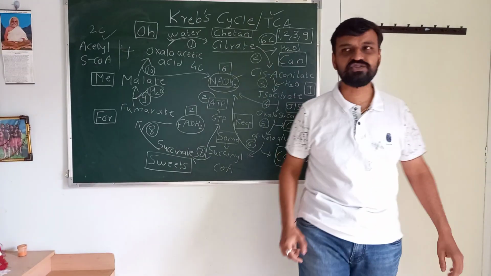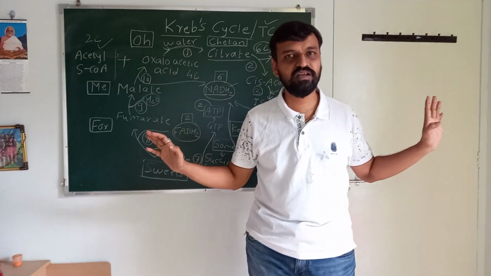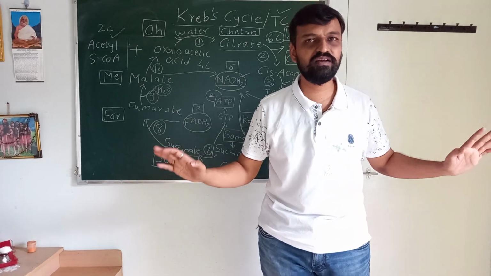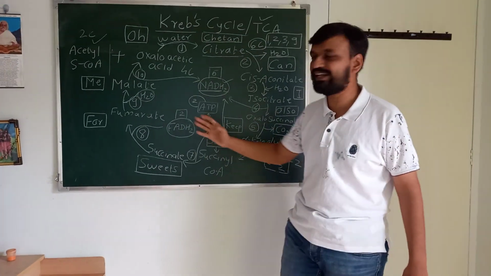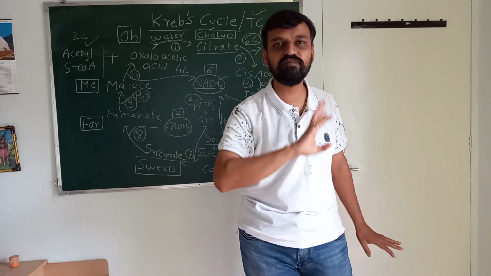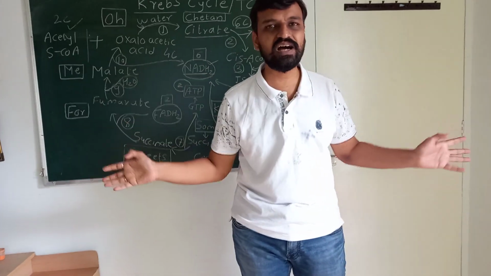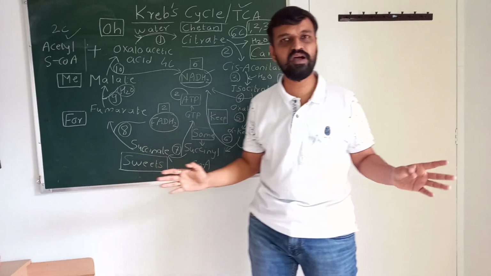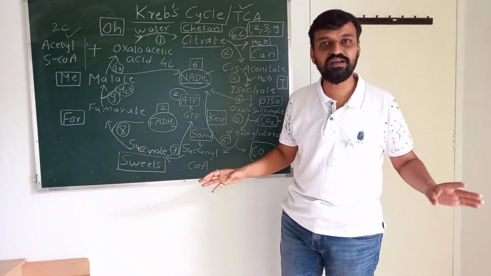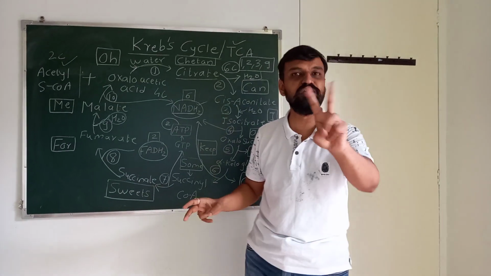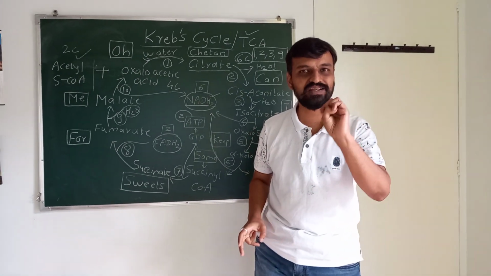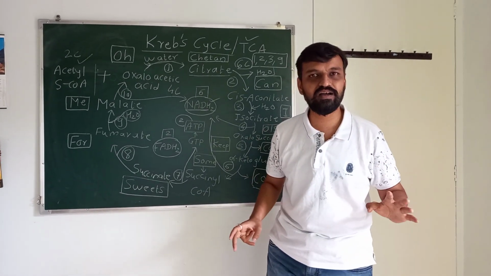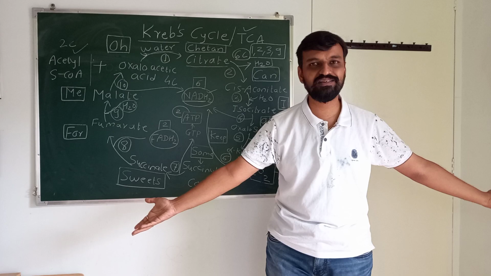Guys, all are even numbers, and they have a gap of 2. 4, 6, 8, 10. All are even numbers and all have a gap of 2 between them. What is going to happen in this?